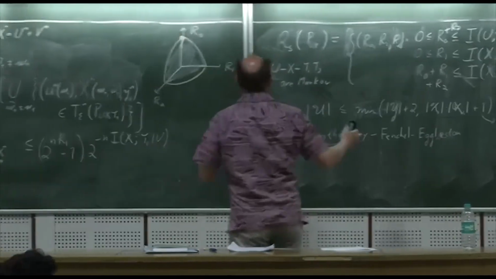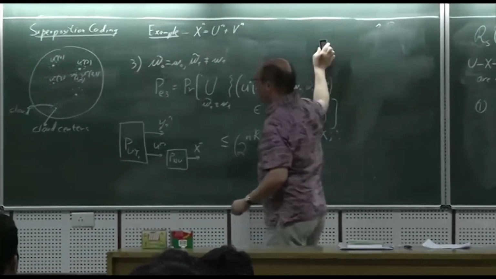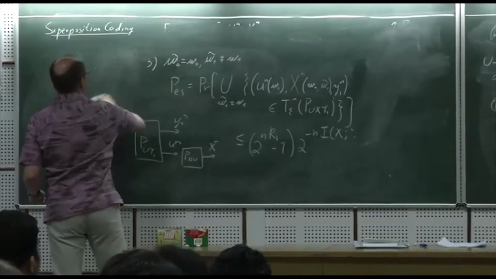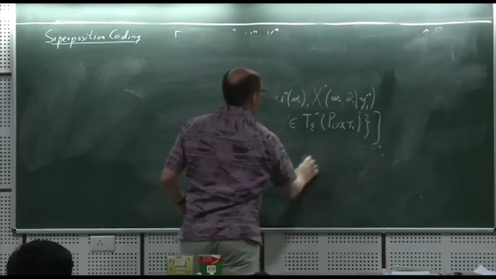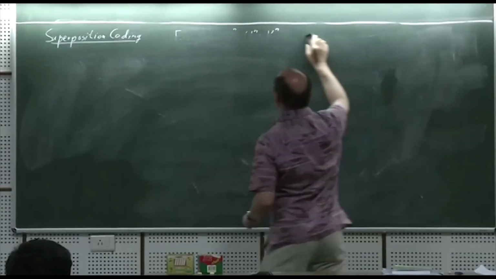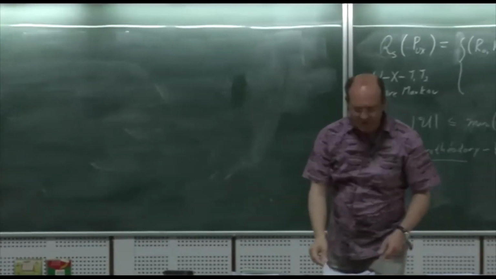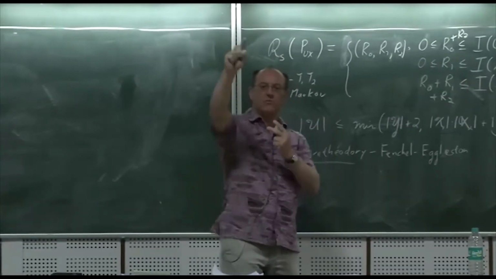Fine, so let's go to degraded channels, since that's one thing we wanted to do in this hour. So what is a degraded channel? It's a class of channels which are interesting, and quite a few practical channels are degraded. Degraded means one channel is better than the other. You can just think of the case where you have a base station, one person is closer to the base station, one is further away.